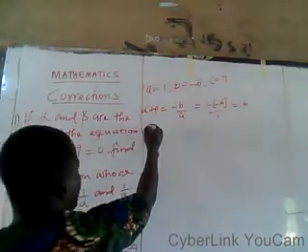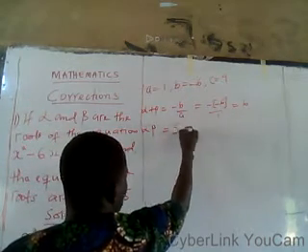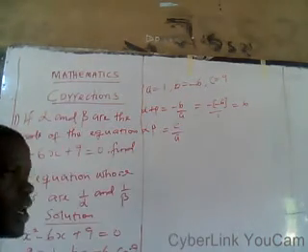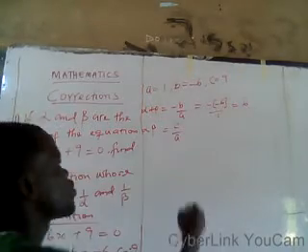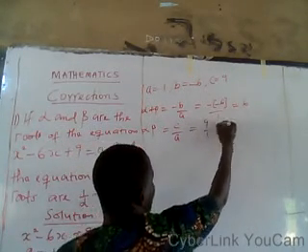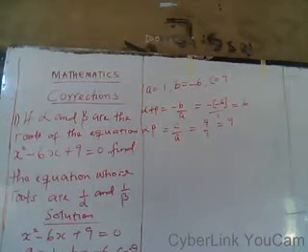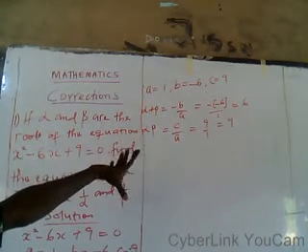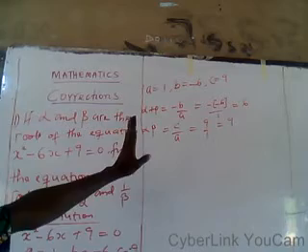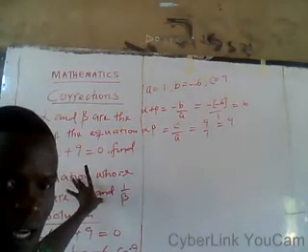Then we have alpha beta as a product, which is C over A. We know our C is 9 and our A is 1, so alpha beta is 9 over 1, which is 9. Now, we are not asked to find those things. We just find them because we are going to be using them. The main thing where we are going is 1 over alpha and 1 over beta.